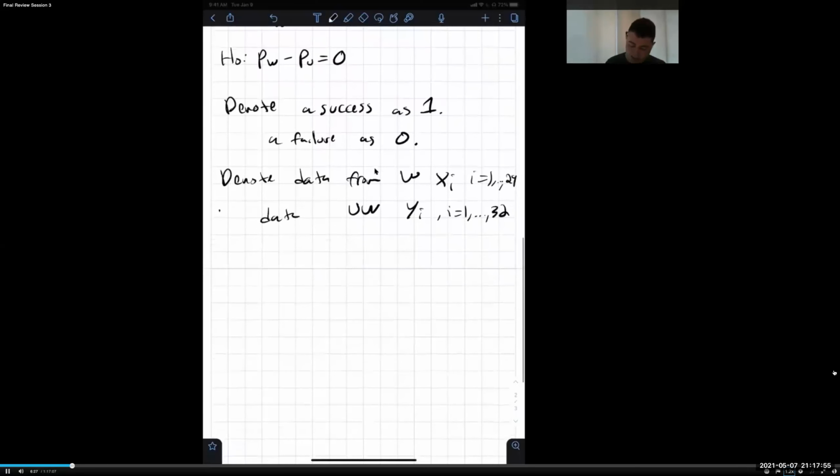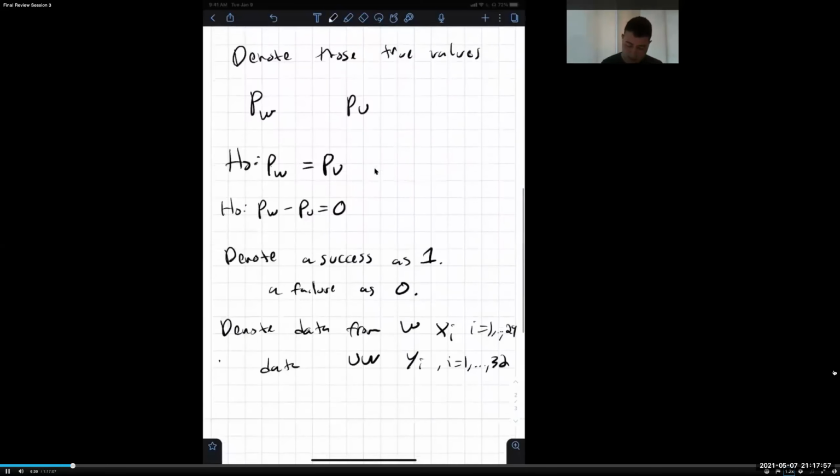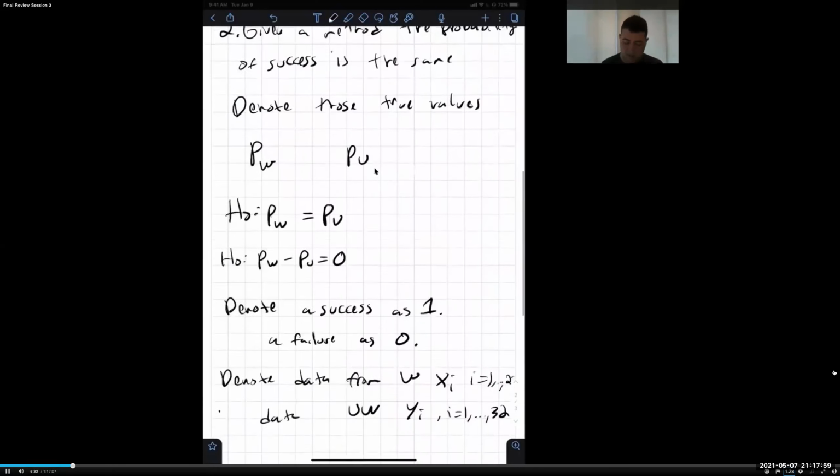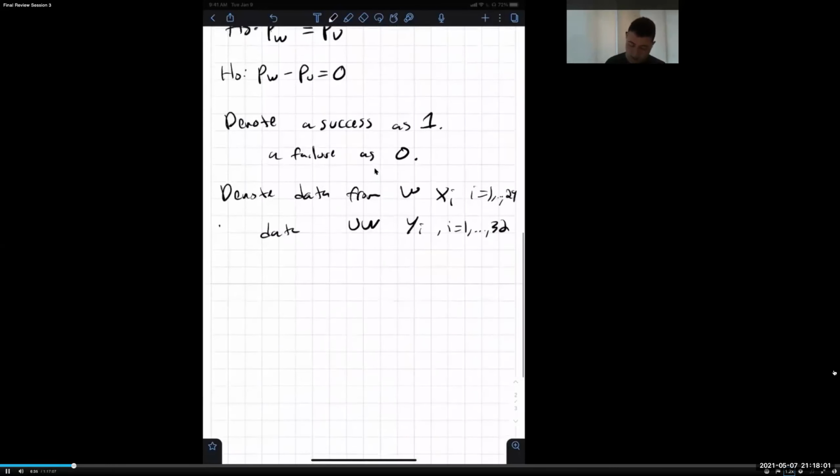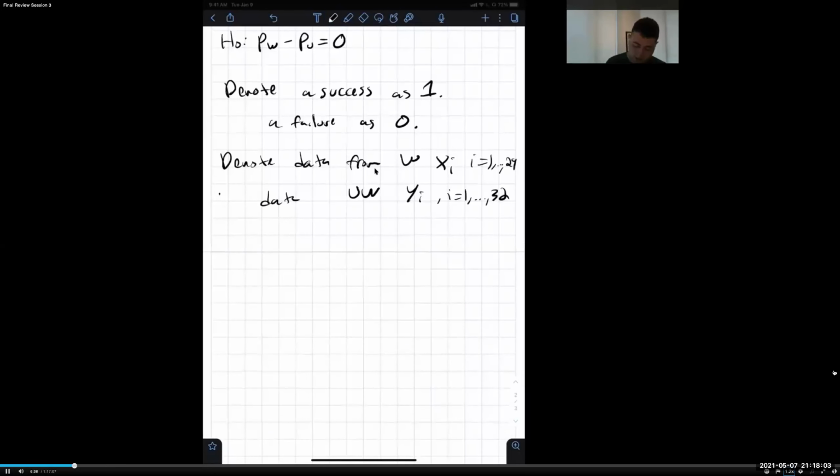And so in this case, based on all of my assumptions here, I've essentially given a distribution to both Xi and Yi, since they're 1s and 0s. So Xi is going to be Bernoulli PW, and Yi is going to be Bernoulli PU based on the previous definitions, and I assume they're all independent.